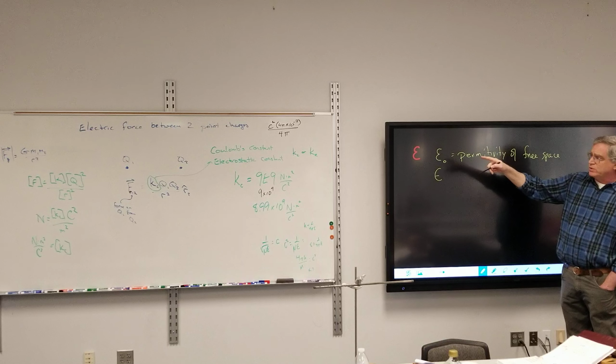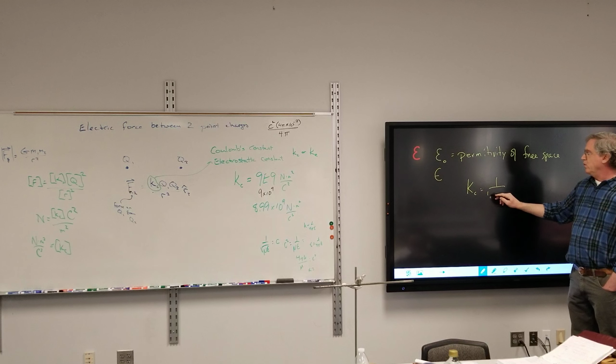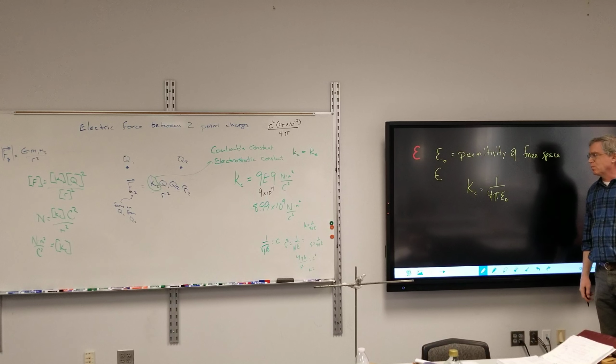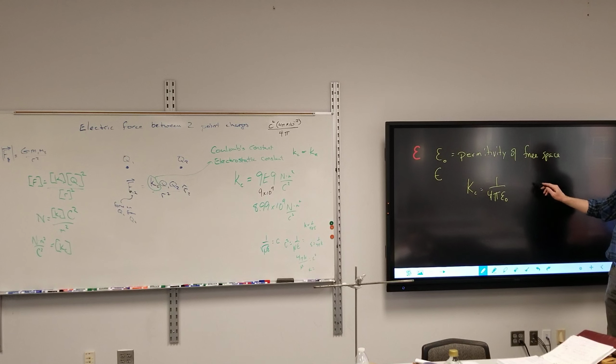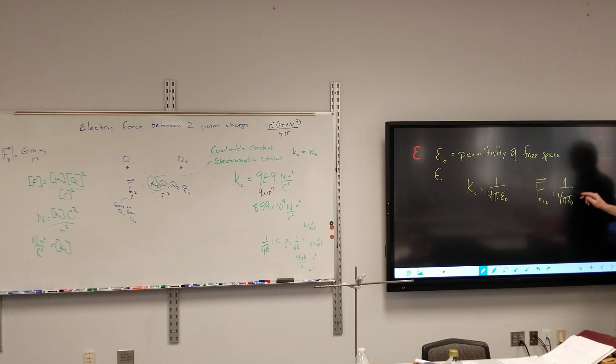So sometimes you will see this formula, since Coulomb's constant is also equal to 1 over 4 pi epsilon sub naught. So the electric force on charge 1 from charge 2 is equal to 1 over 4 pi epsilon sub naught Q1 Q2 over r squared.